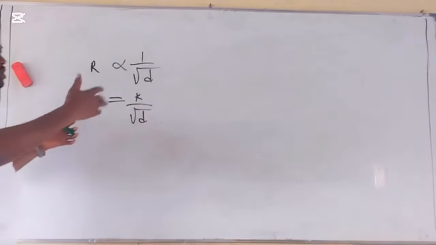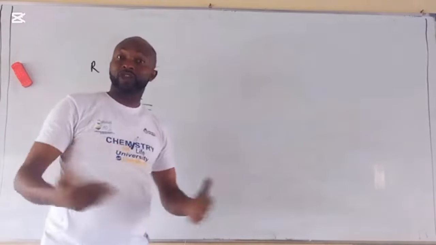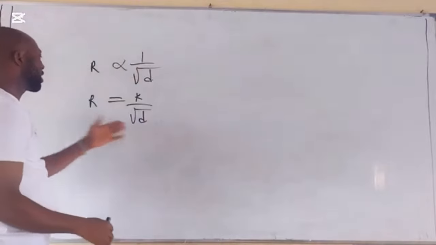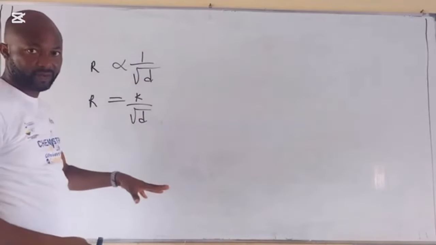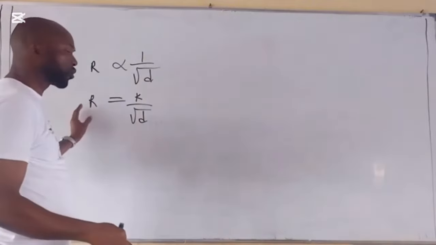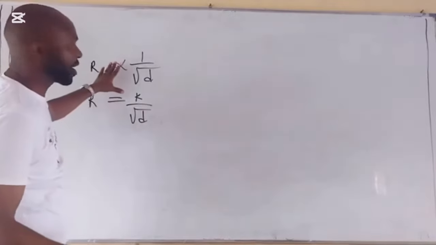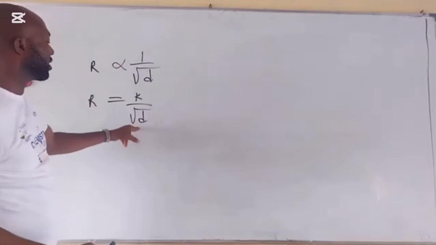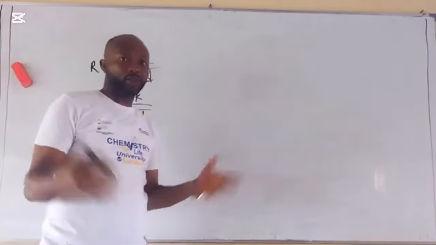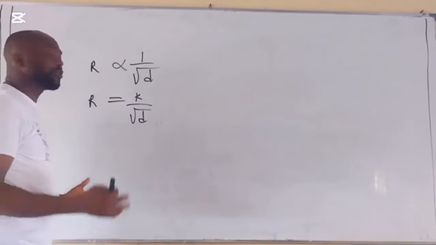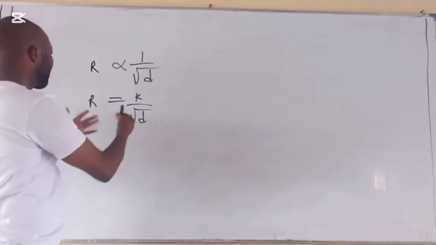This is what Graham is trying to explain to us: when the gas is denser, the rate of diffusion will be lesser, inversely. So when the rate is higher, it means the density of the gas is lower.